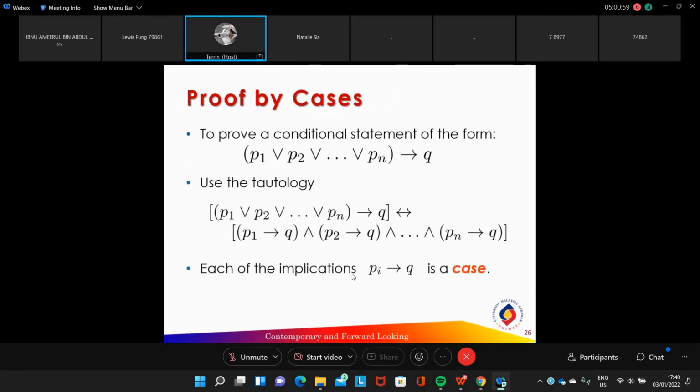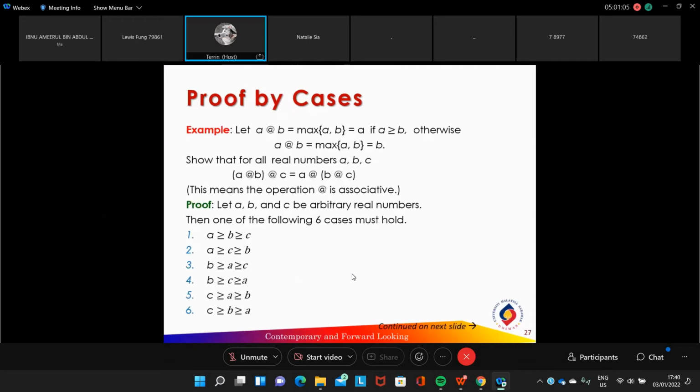So quickly, like here, prove by cases, you're just proving all cases. An example here is to show that in determining the maximum value of two integers a and b, the maximum equals a whenever a is greater than or equal to b. Otherwise, b is the higher value.